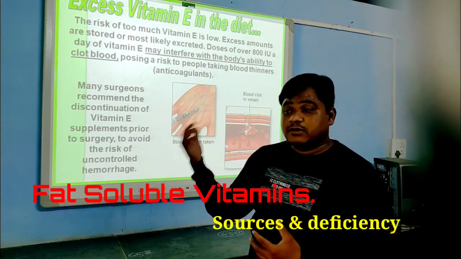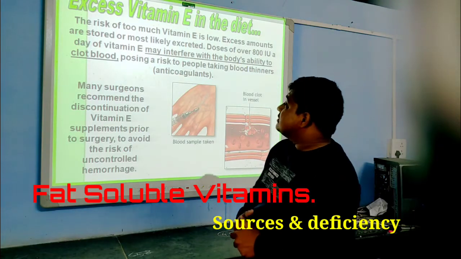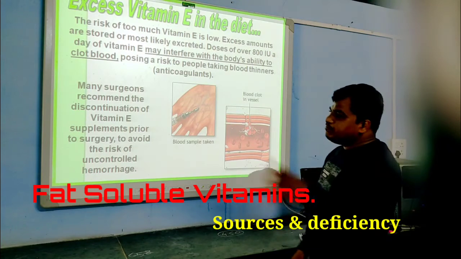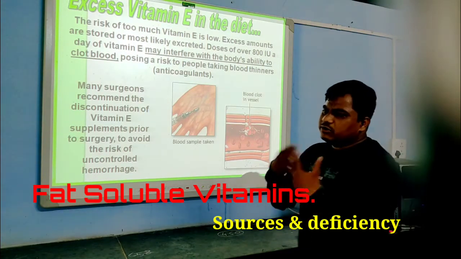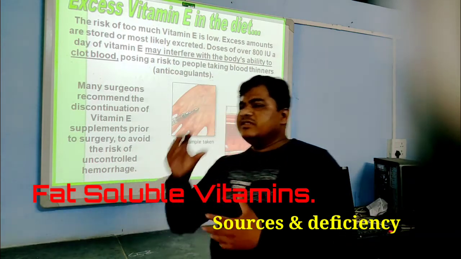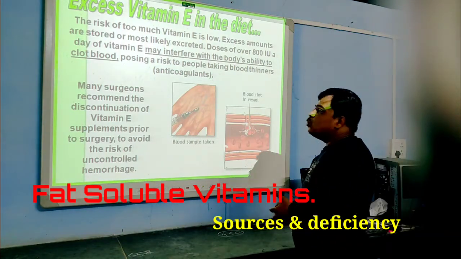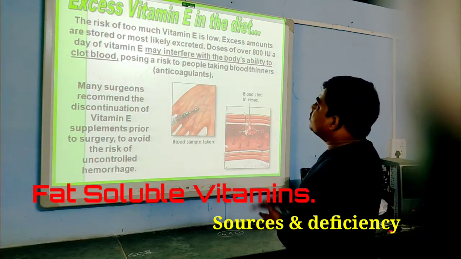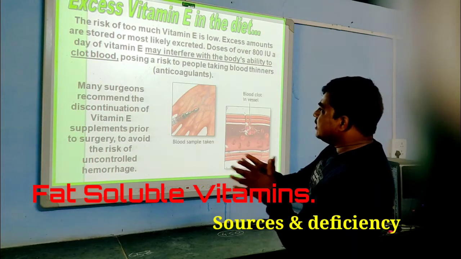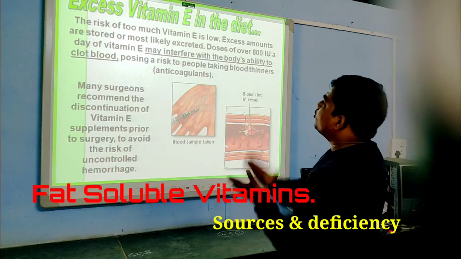Now again the excess: if we have taken vitamin E in excess quantity, the risk of too much vitamin E is low. The excess amount is stored or most likely excreted, meaning it is excreted from our body.